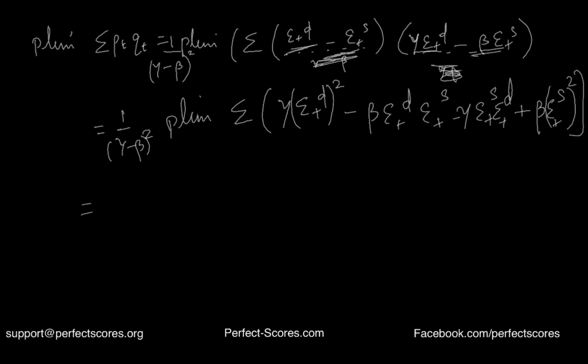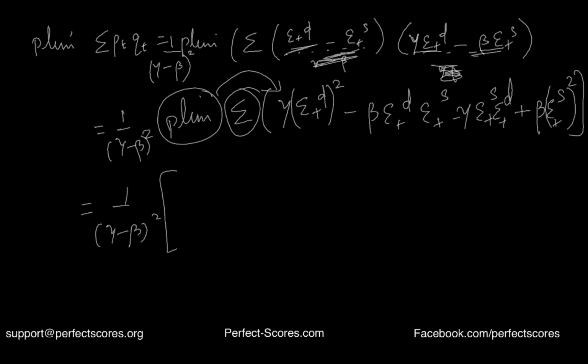Again, if I take the summations and the probability limit inside, what I'm going to get is expected value. So 1 over (gamma minus beta) whole square. What is this? This is expected value of gamma, and gamma is always outside because it's a constant, of expected value of demand square. Don't want to miss any steps. What is the expected value of this and this? Again, we assume that to be 0, so this goes to 0.